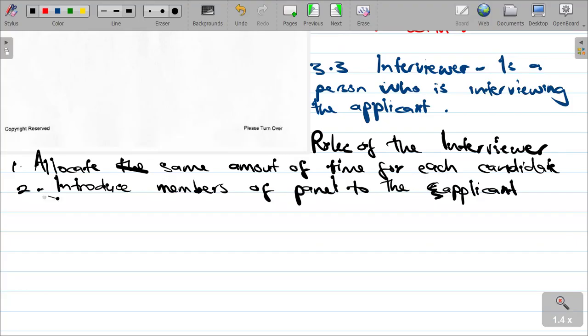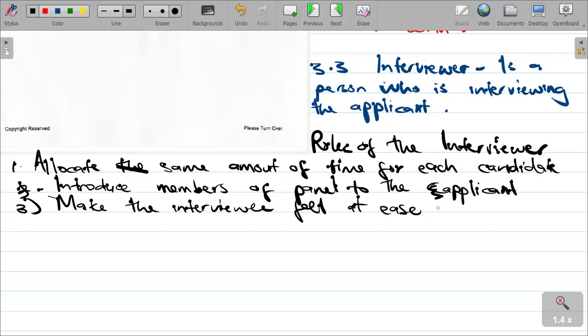Third, is supposed to make the interviewee feel at ease. Supposed to make sure that he creates a relaxed atmosphere.